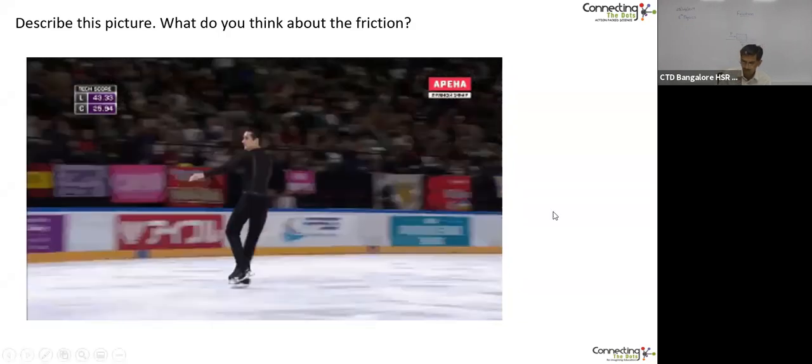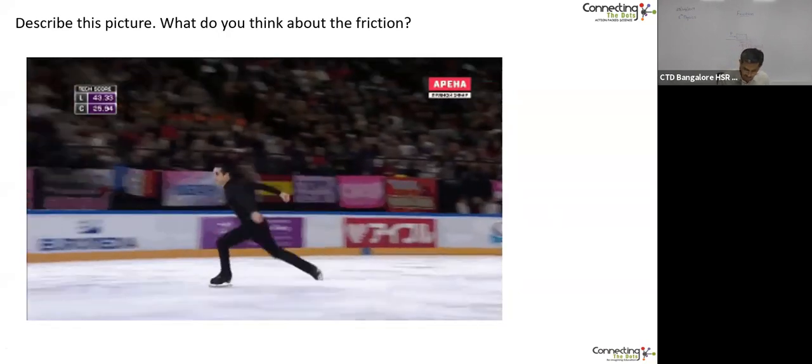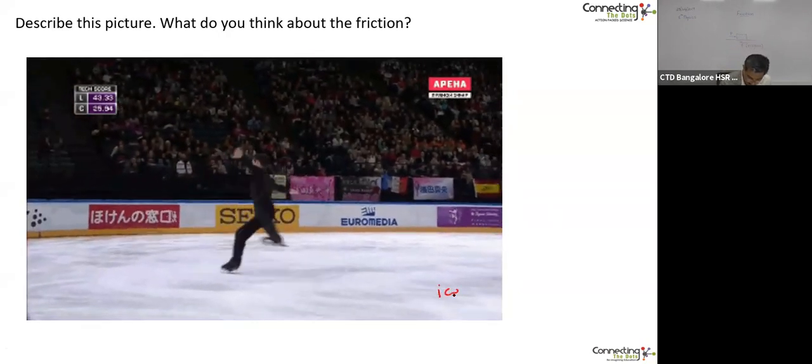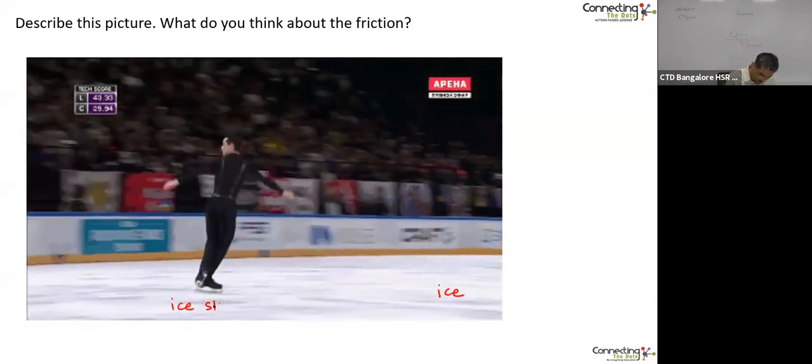So you can see him sliding so easily across the ice. This is an ice rink. And this activity is called ice skating.